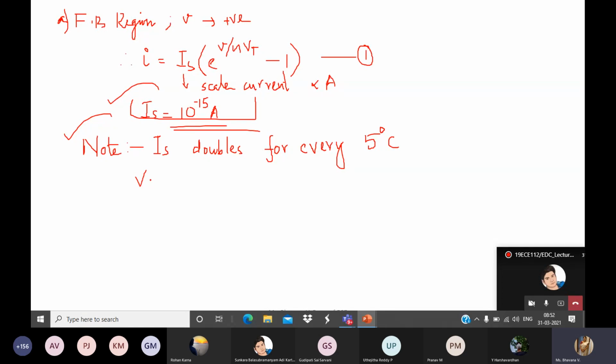So Vt is equal to KT by Q. So here we have a term Vt, right?